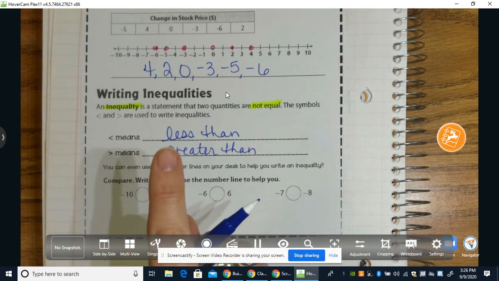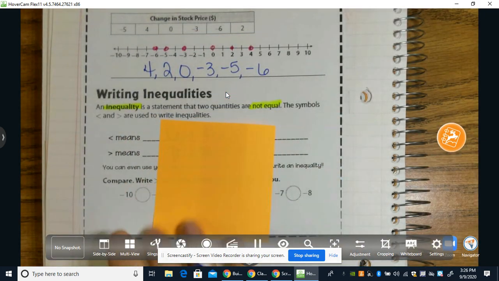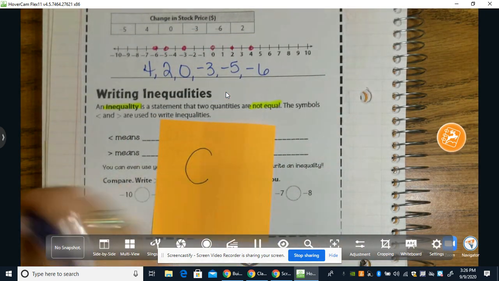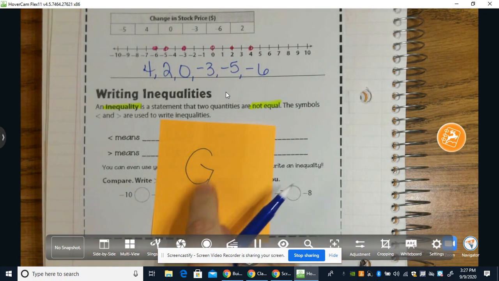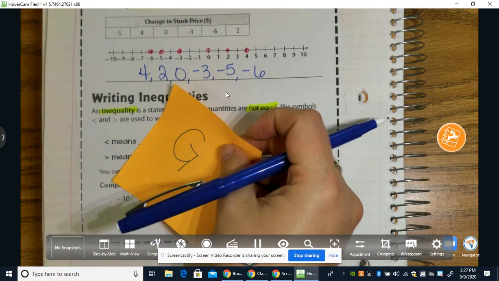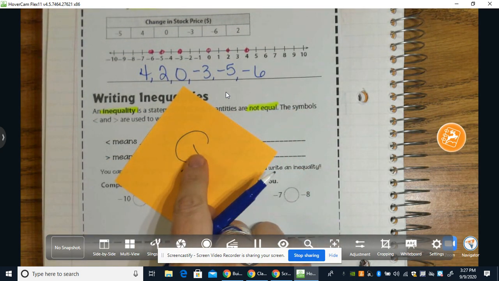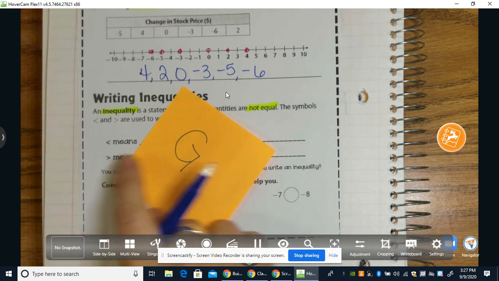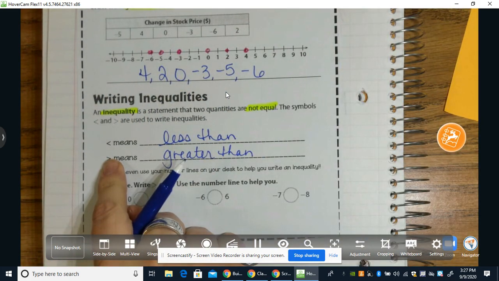And also another thing we've noticed is that if I write a G, do you notice my part here that makes the G look like that inequality symbol? So the inequality symbols kind of match up. So that's another reason that you can remember that that's greater than.